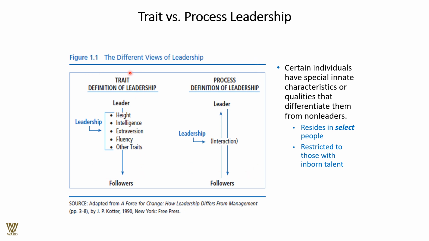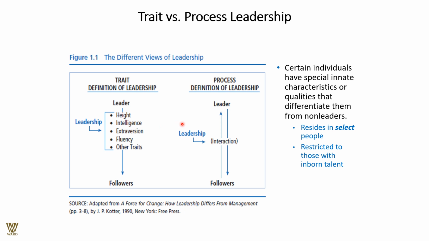Remember, in trait leadership, we are talking about the characteristics of the person. It is, let's say, the height, the intelligence, the extroversion, the fluency, or other traits such as confidence, the vocabulary, the way you communicate. That is what is followed or held in high esteem by the followers.